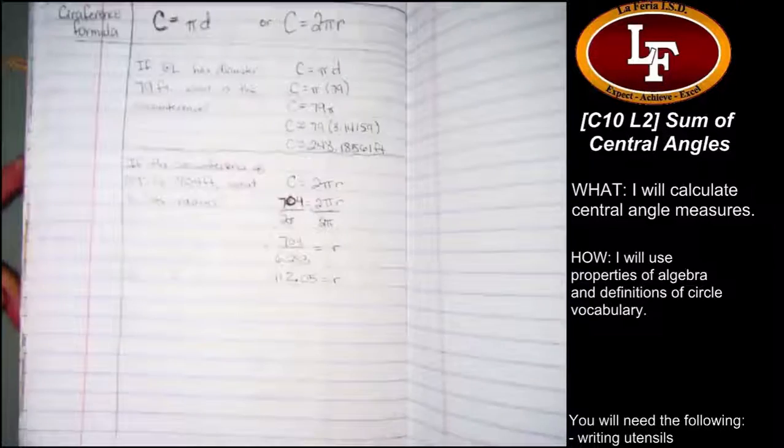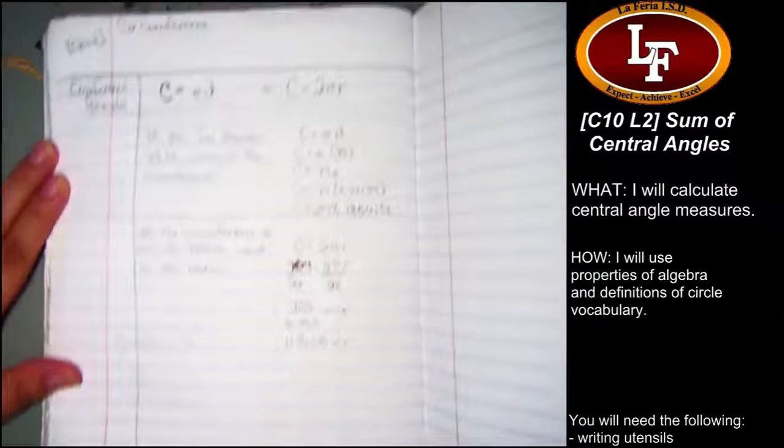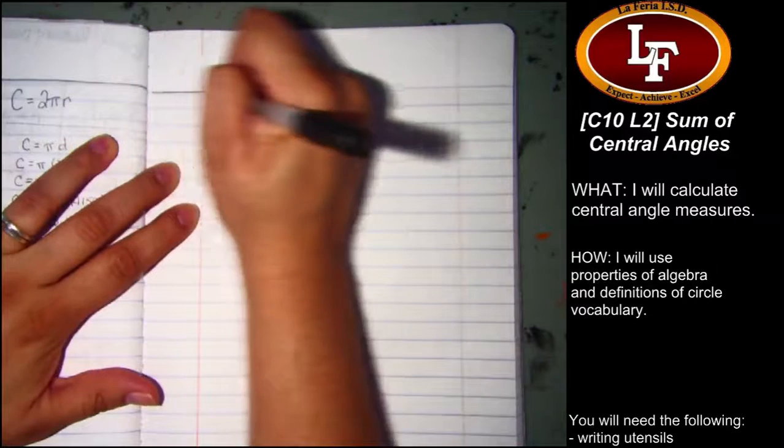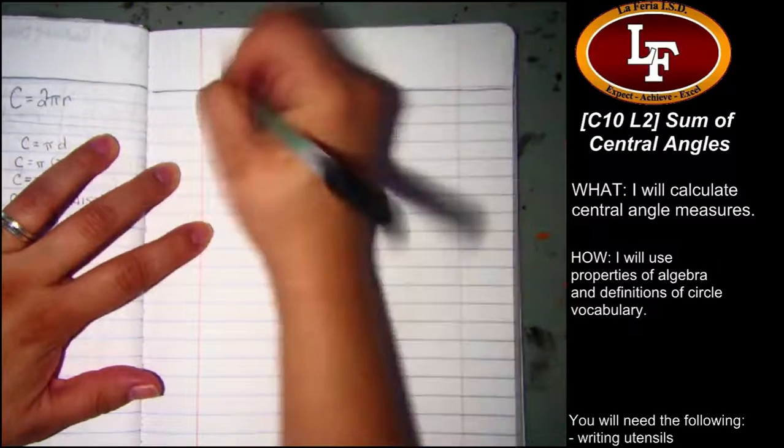So looking at my notebook, I've got a little bit of space here at the bottom of this page where we did circumference. I'm going to skip it and move straight on into the next page.